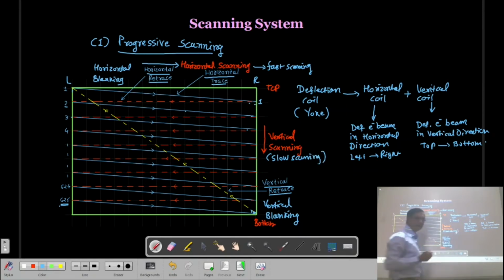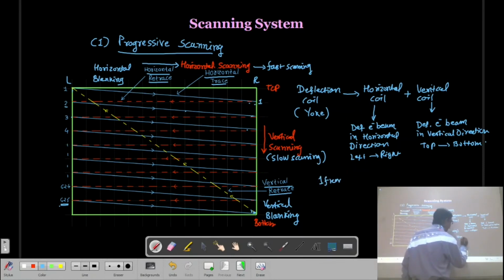So the time duration for the horizontal scanning and the vertical scanning is different. That we will see in the interlaced scanning, what is the time period. But here we should understand that in one frame we have 625 lines. Whatever the frame is there, this one frame consists of 625 lines.